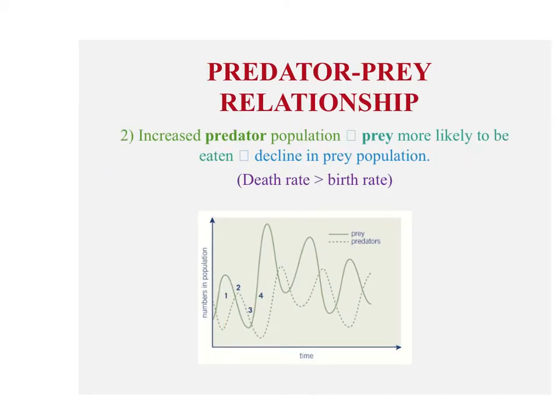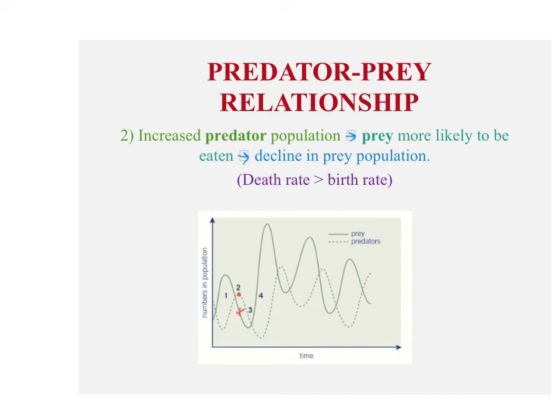For step 2, though, once the predators start to increase, the prey is more likely to be eaten, and therefore we've got a rapid decline, almost when prey reaches its peak where the red dot is. There's a very quick decline in the prey population, and that's because the death rate, the rate at which these prey organisms are being eaten, is much higher than the birth rate of new prey.